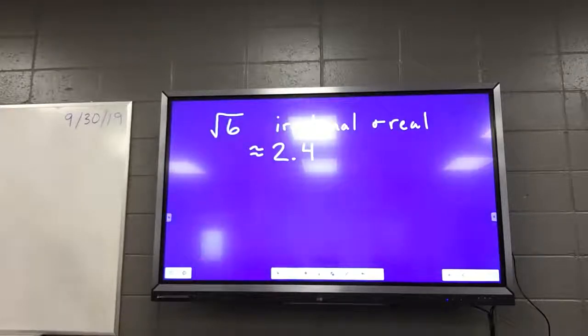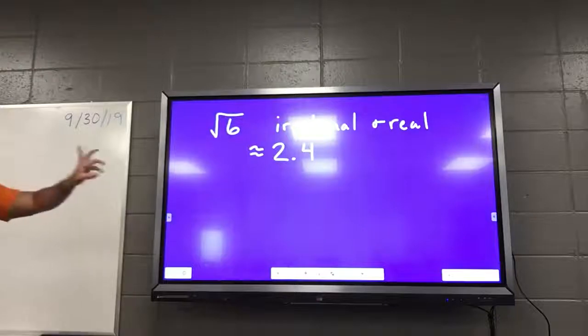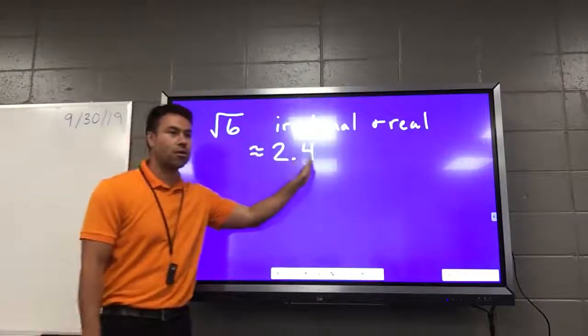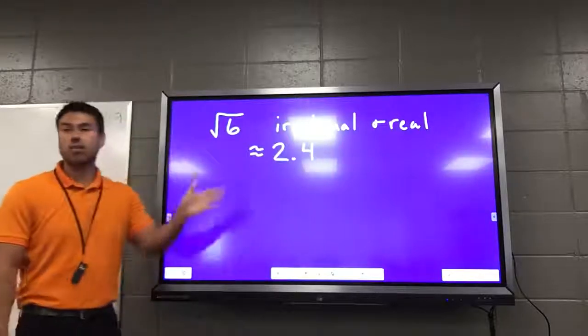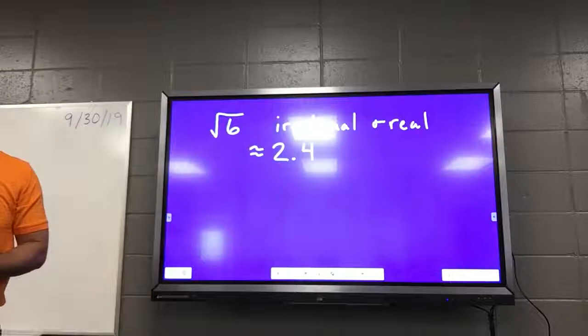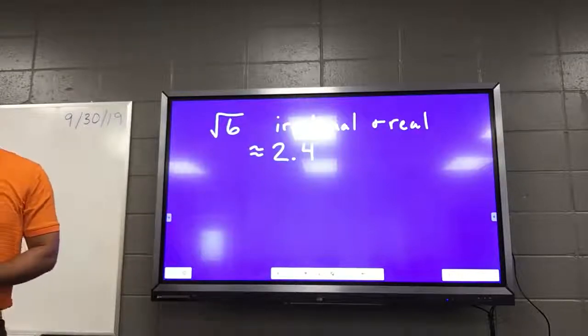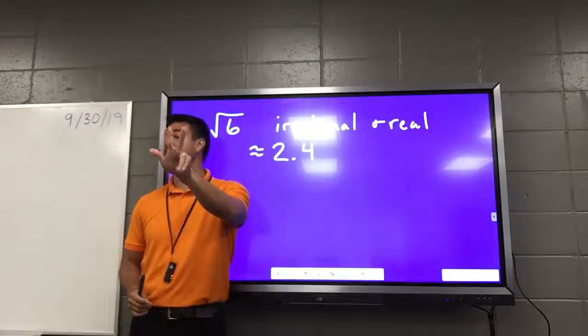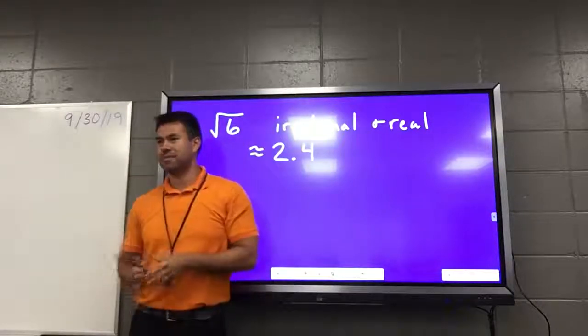You got it exact. Whoa, nice. Listen, I am now requiring you to get within 1/10 of the answer. So I would have accepted 2.3, 2.4, 2.5. That's it.